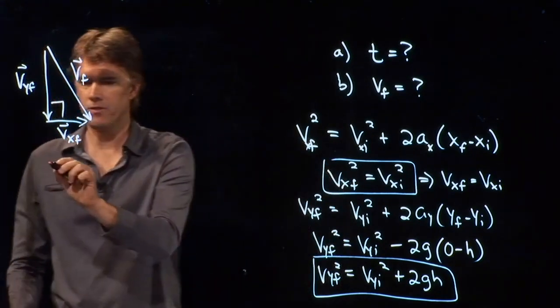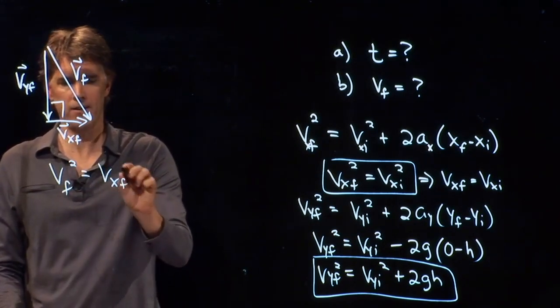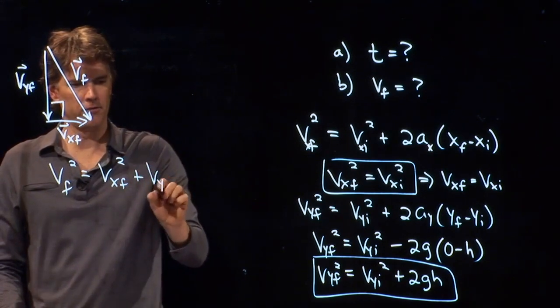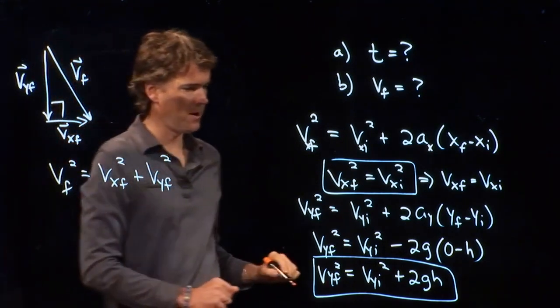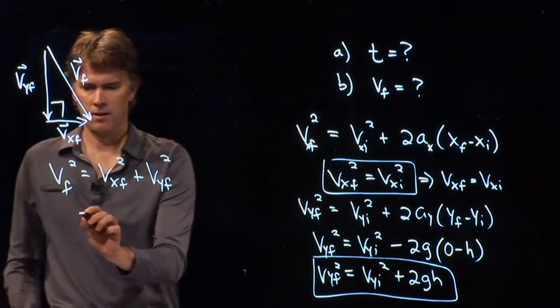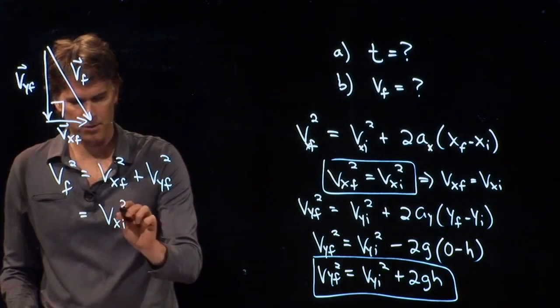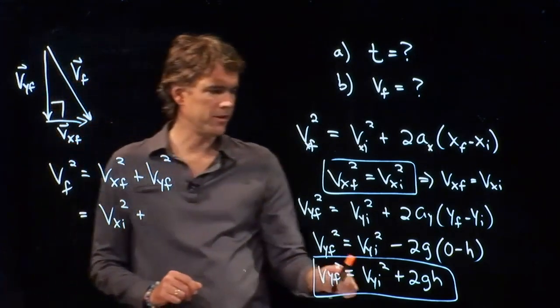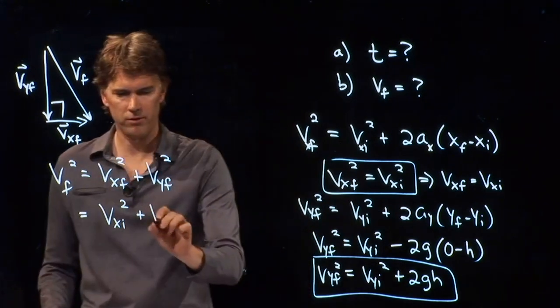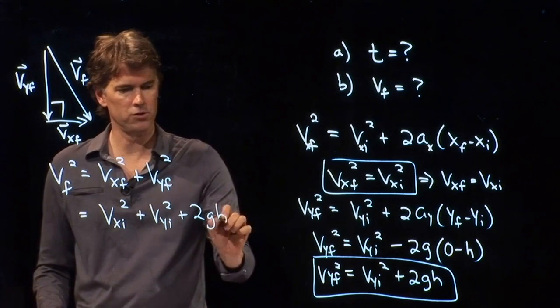And so we can say Vf squared equals Vxf squared plus Vyf squared. And now we know all that stuff. Vxf squared is just Vxi squared. Vyf squared is Vyi squared plus 2gh.